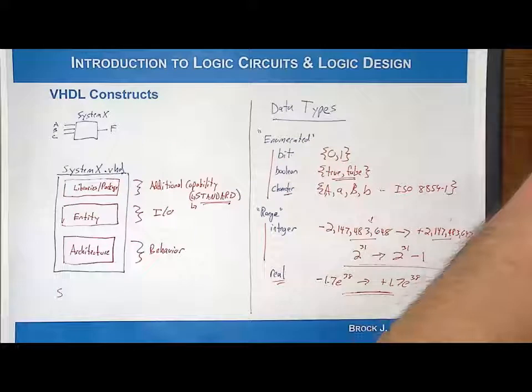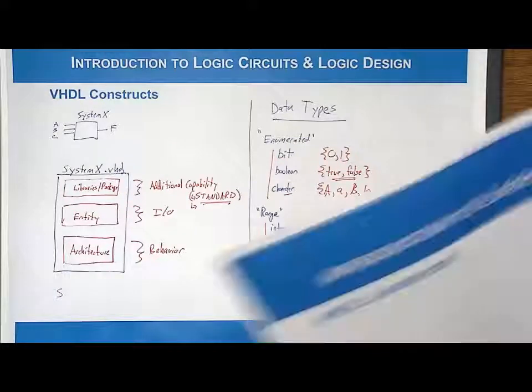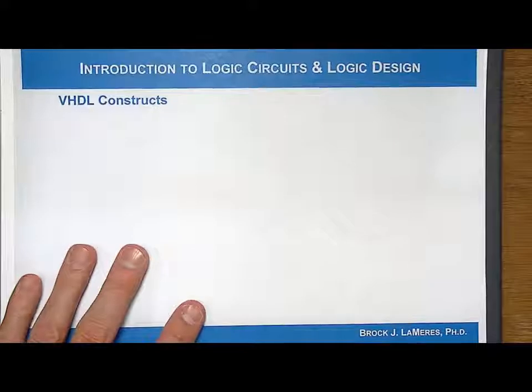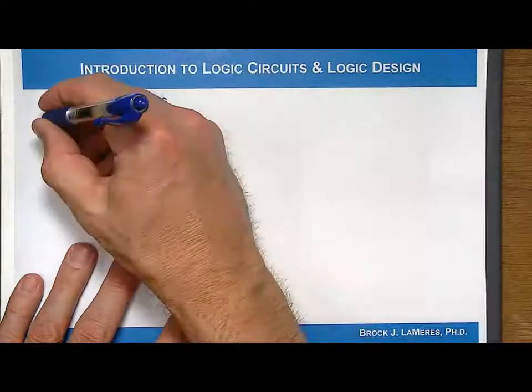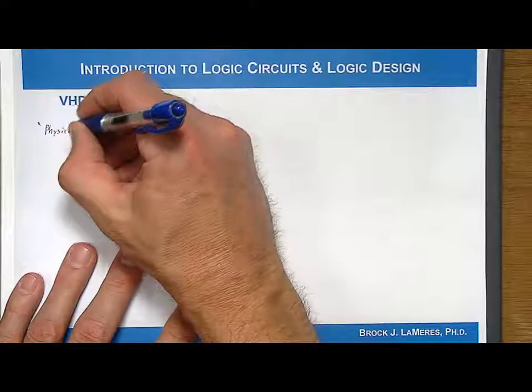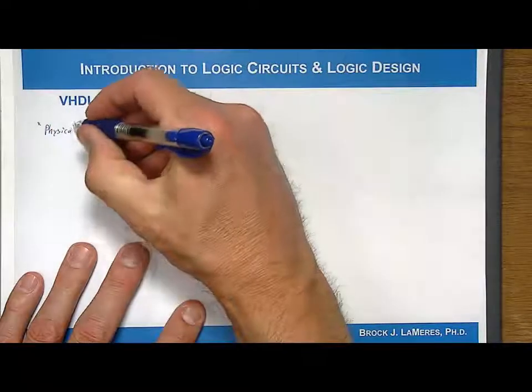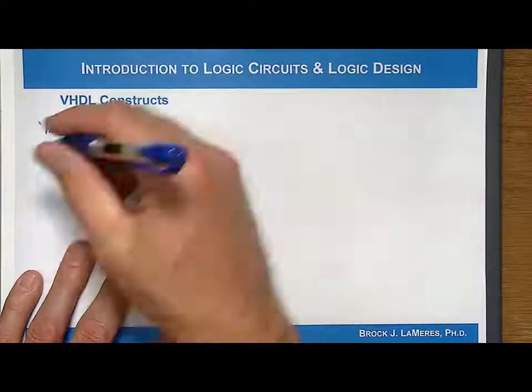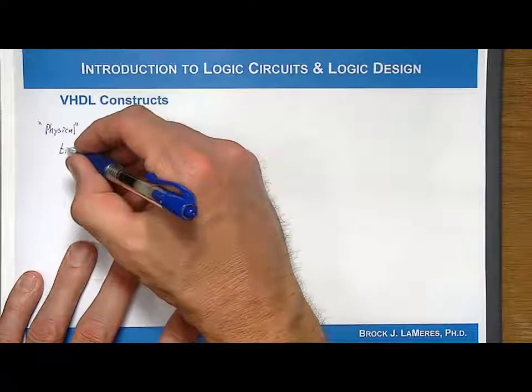Okay, so let's take a look at a few other types that are very common. There's also this group of types called physical types. And a physical type is something that can contain a number, but it also can contain a unit. So the most popular one, the only one we'll look at, is time.